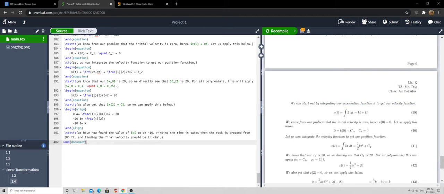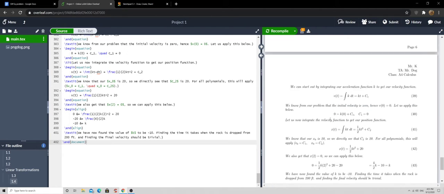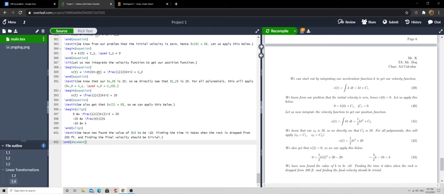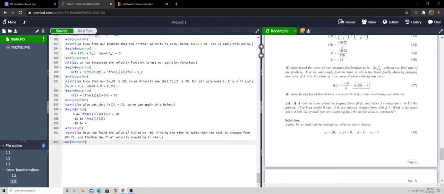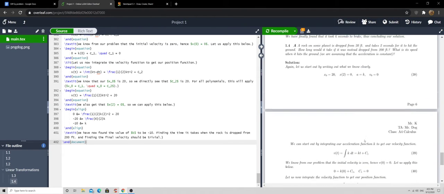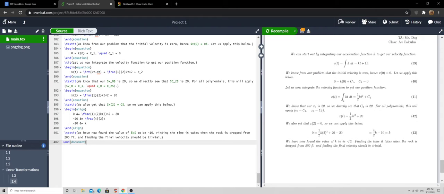We assumed our acceleration was constant, so you take the integral of that with respect to time to get our velocity function. And here we use the fact that our initial velocity is 0, so essentially v of 0 is 0, and we got that our C1 is 0.